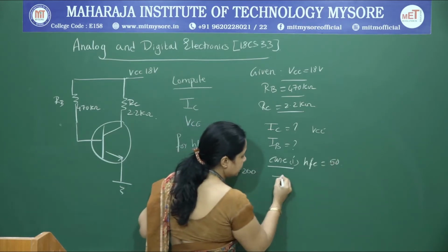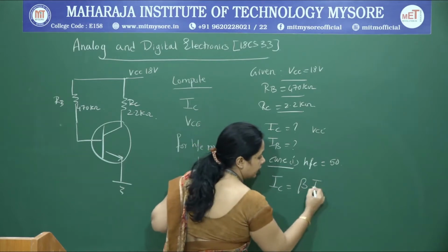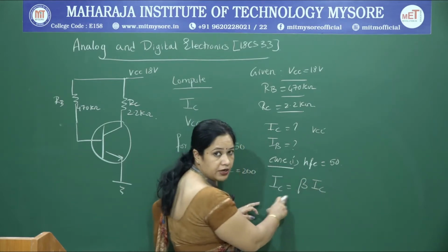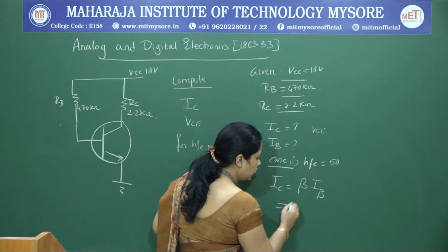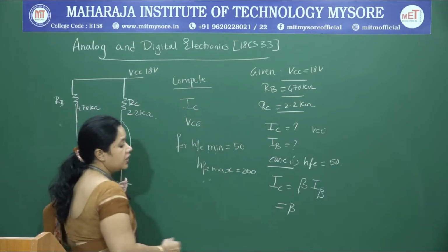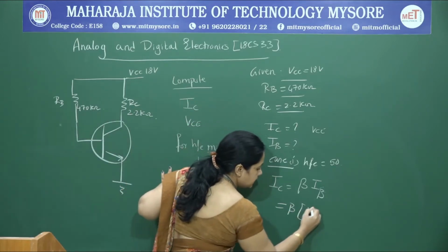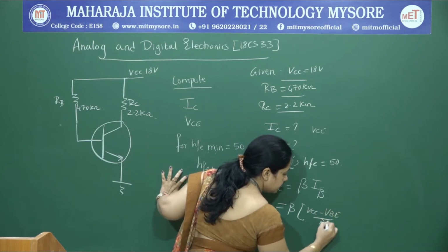What is IC? IC happens to be beta, the gain, times the input current. So the collector current, the output current, is the gain times the input current. If you apply KVL to the input junction, IB is VCC minus VBE by RB.